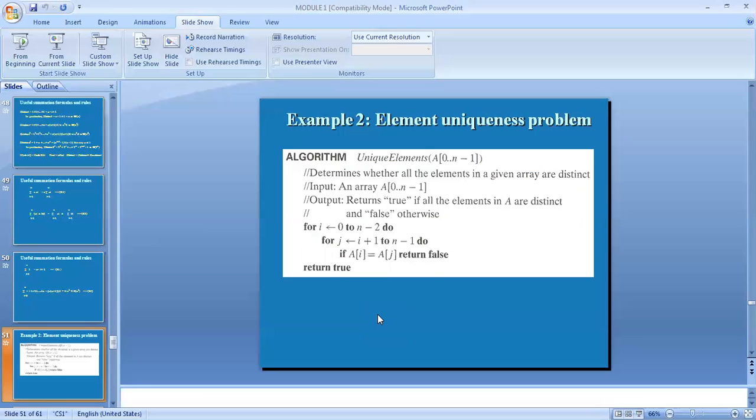It returns true if all the elements of array A are distinct and returns false otherwise. You can see the loop here: for i equal to 0 to n minus 2 do, for j equal to i plus 1 to n minus 1 do, if A[i] is equal to A[j], return false, otherwise return true.